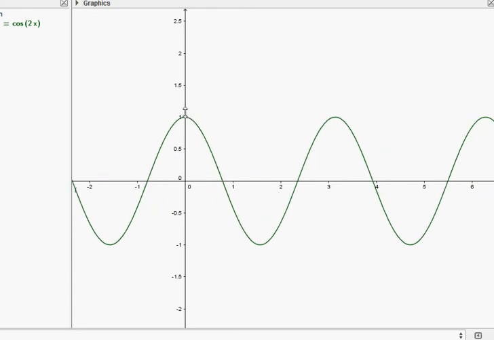The height of the graph above the x-axis represents your displacement. An example would be, I'm a distance 1 meter away from equilibrium at t equals 0. At about 0.8 of a second, I'm back at the equilibrium point. At about 1.4 seconds, I'm at the maximum distance away from the middle, on the other side. Back to the center again, back to the positive displacement, back to the negative displacement.